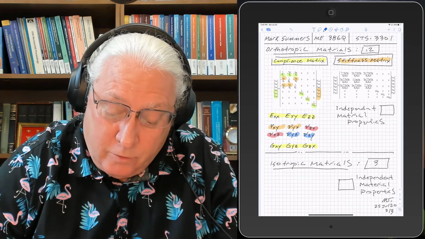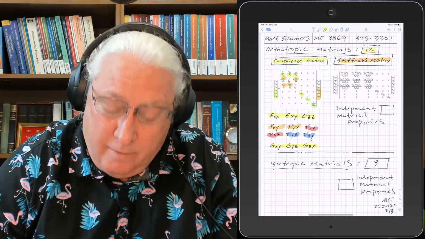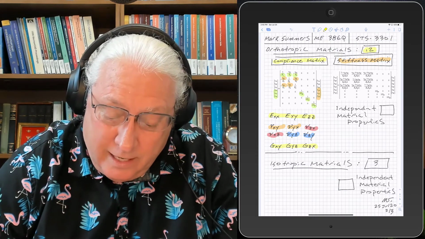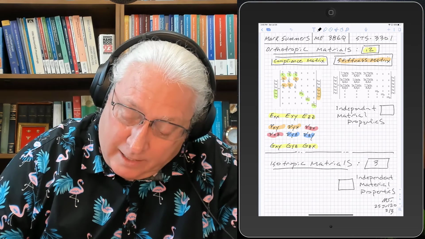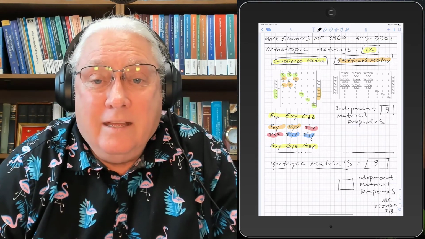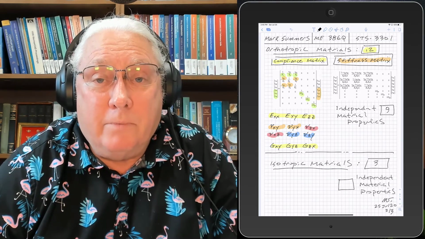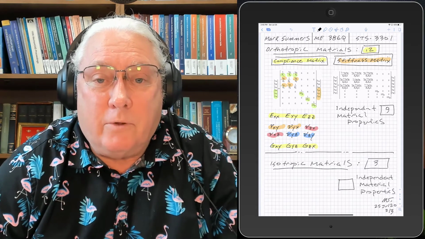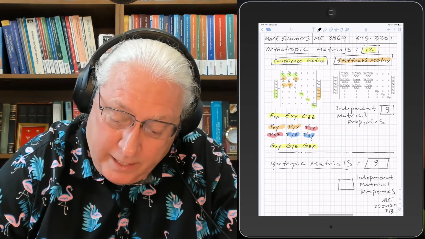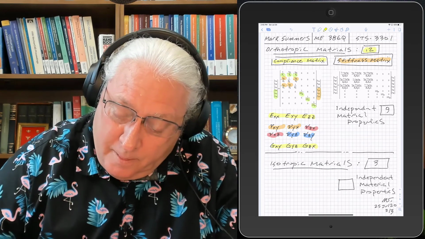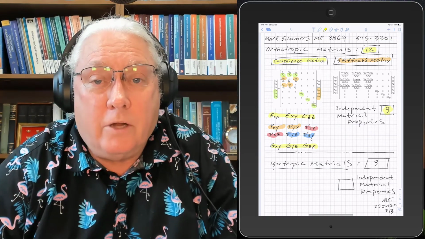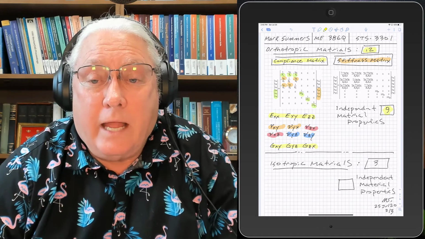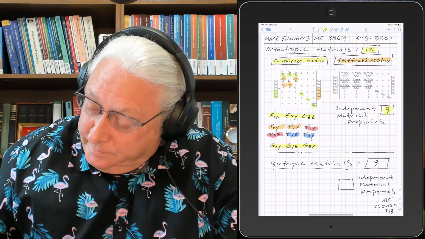So instead of having 12 independent, unique material properties, it turns out there's really only 9 that you have to define to compute all the displacements and eventually all the strains and stresses because of some of these symmetries. And so we'll be dealing with 9 different material properties when we do our SOLIDWORKS simulation or our hand calculations, either one, to be able to calculate these strains and stresses.